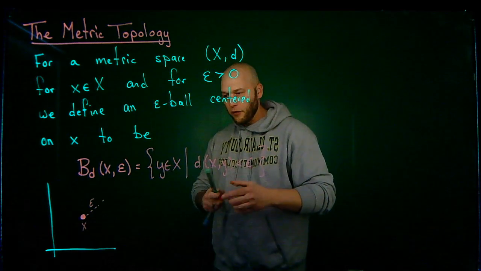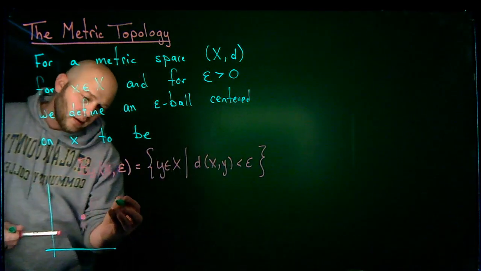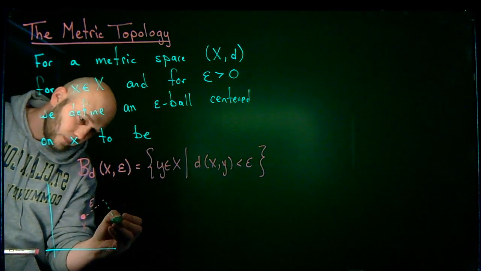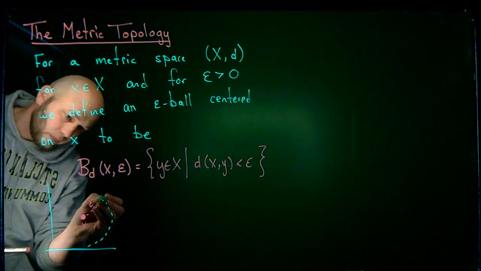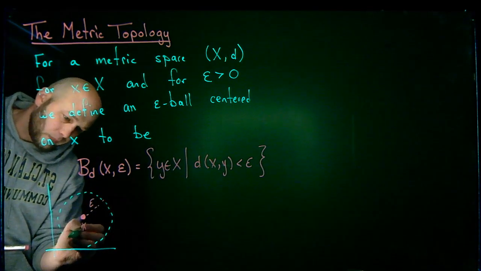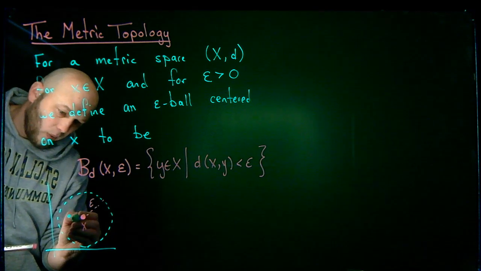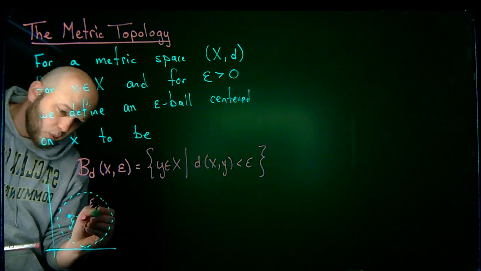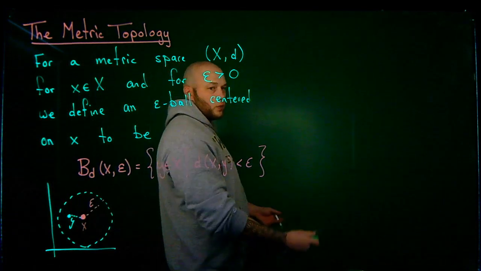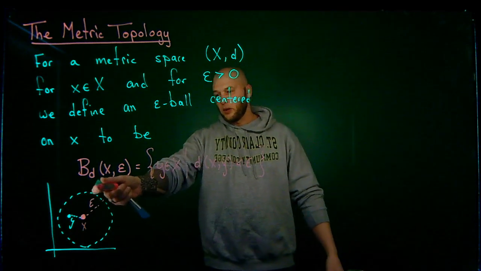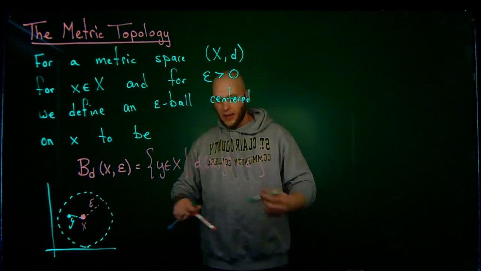It's going to be every point within that disk, because if this is my point y, then the distance between x and y would be smaller than epsilon, and so this would be my epsilon ball.